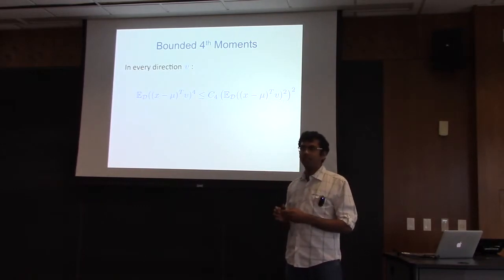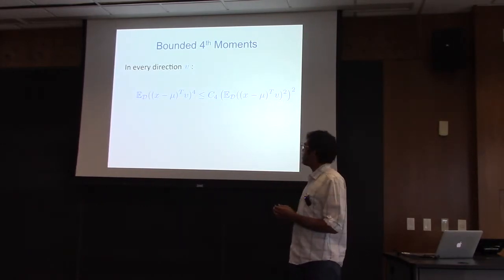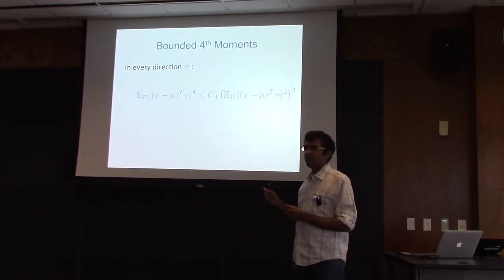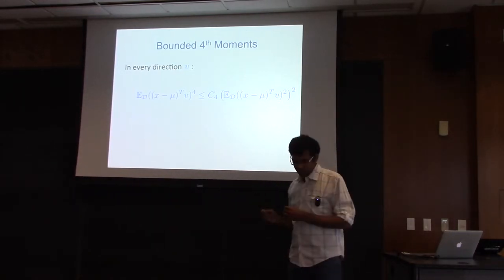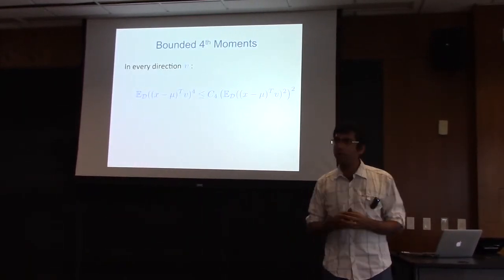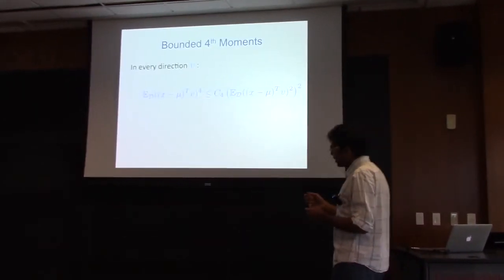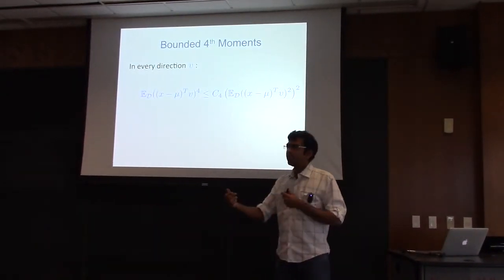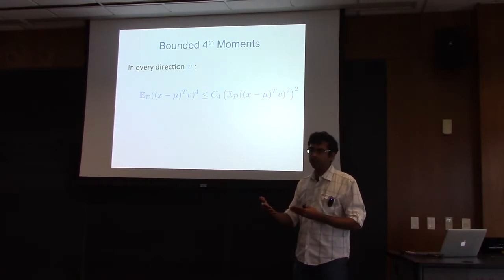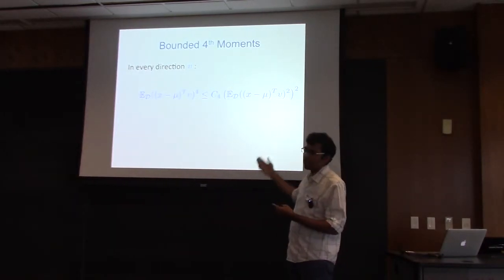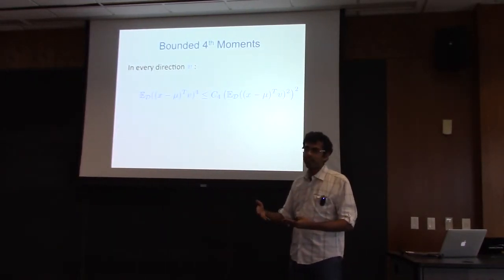We would need some assumptions on the distribution. The one we will need, which I'll refer to as having bounded fourth moments, means that in any direction, the fourth moment of the distribution should be at most C4 times the variance in that direction squared.